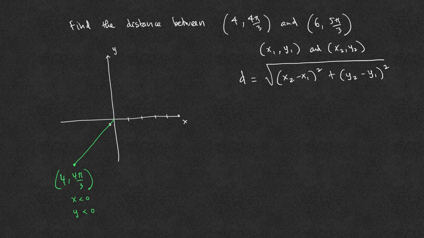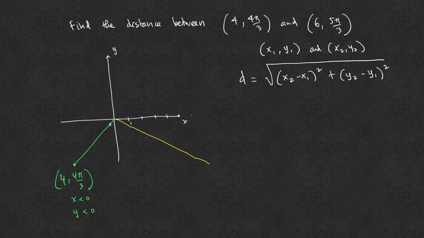For (6, 5π/3), from the origin, we would go 6 units to the right, 1, 2, 3, 4, 5, 6, and we would turn 5π/3. 5π/3 is π/3 less than 6π/3. 6π/3 is 2π, and so this second point is in the fourth quadrant, and it has a distance of 6 units.